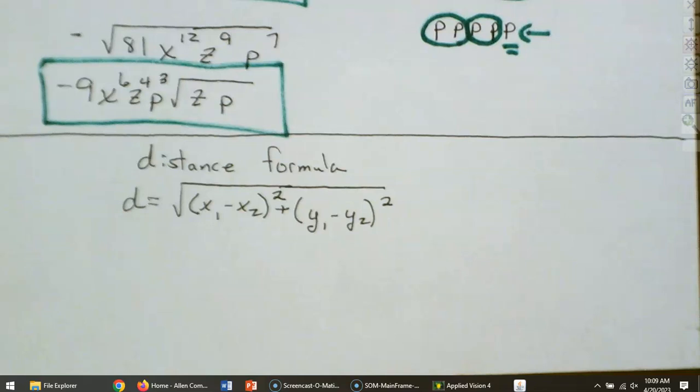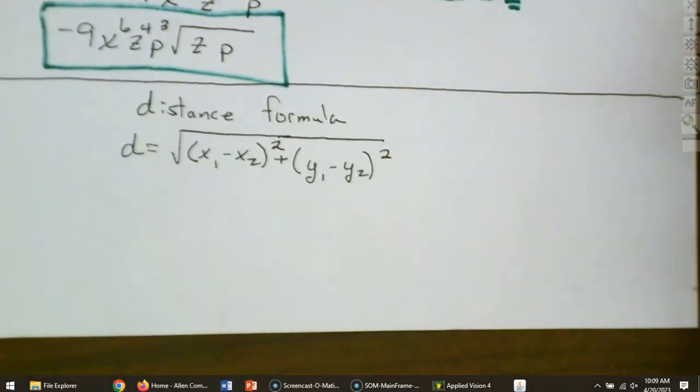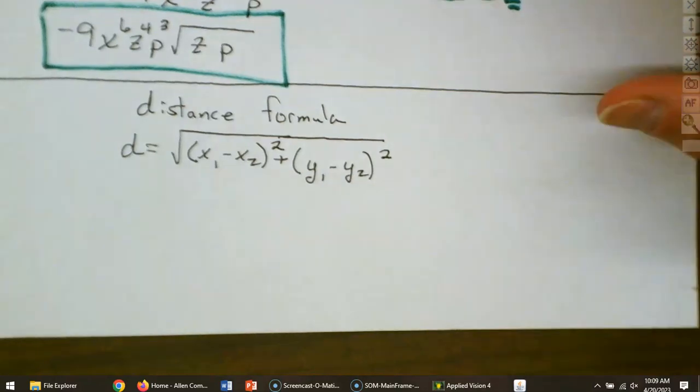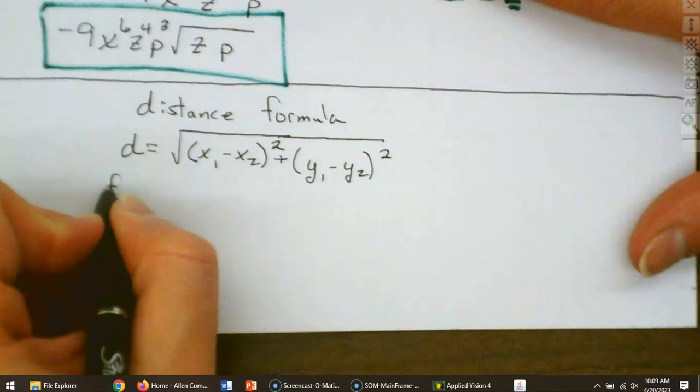So we've got 2 ordered pairs, x1, y1, x2, y2. And we're going to plug them in, and then we're going to have to work with our formula. So we're going to do a couple of these. And then we'll look at circles. Let's do 2, maybe 3 of these if we need to, and we're going to find the distance.